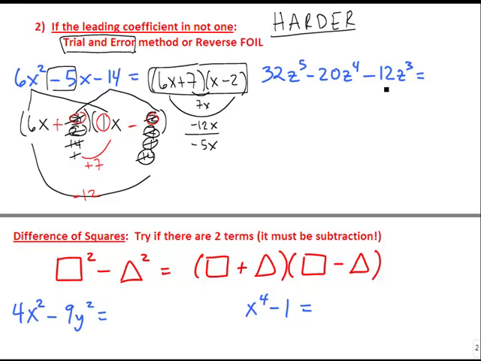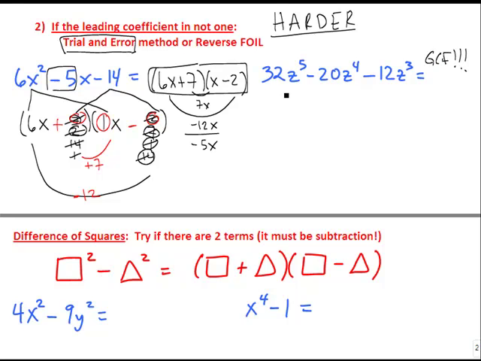So that's kind of a little clue to you that maybe there's a GCF involved. Another clue would be that we have 32, 20, and 12 for coefficients. All of those are even, so at the very least we should be able to pull out a 2. So this problem has a GCF that we're going to need to pull out first.